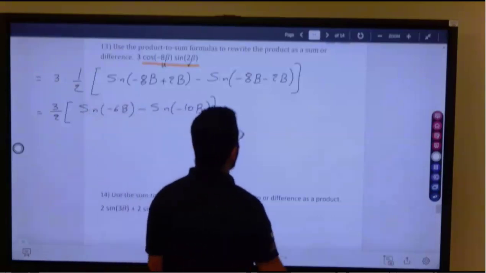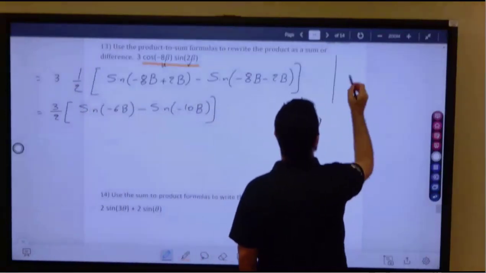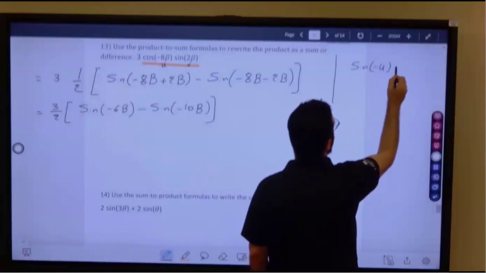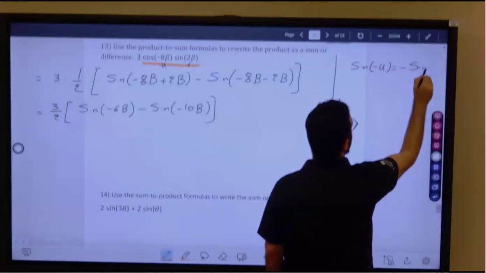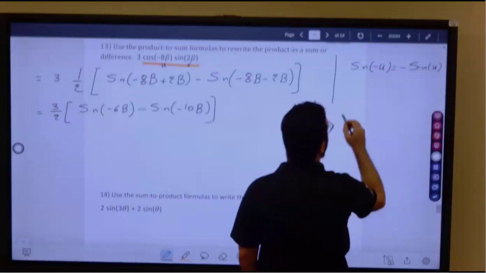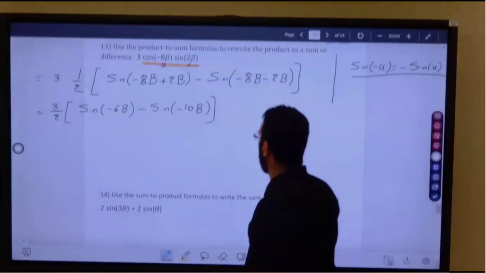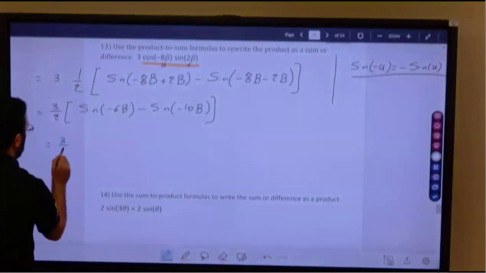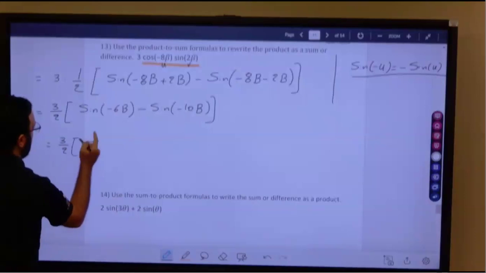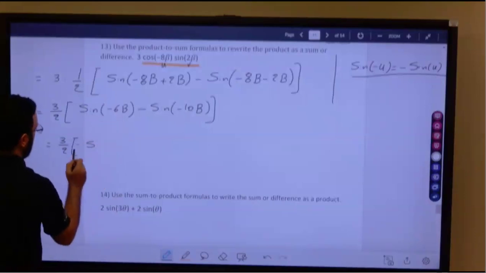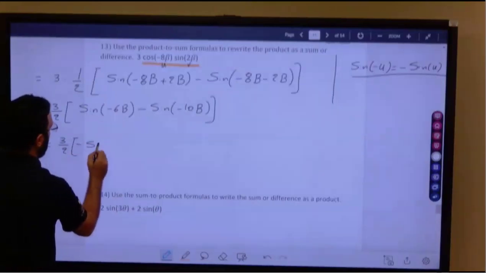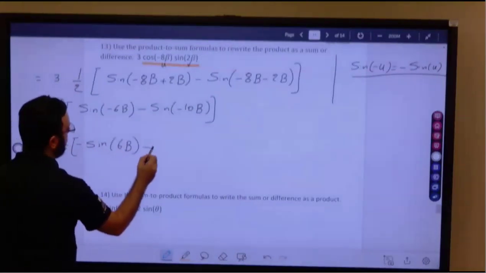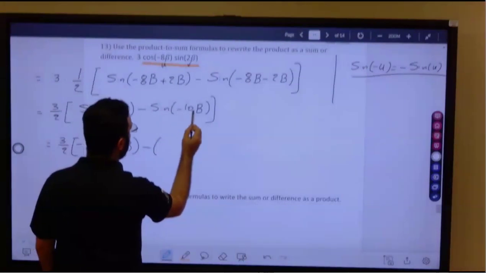We already know that for negative angles, sine negative u equals negative sine u. When we have negative angles, only the sign is going to be negative. That means 3 over 2 sine negative 6b minus sine negative 10b.